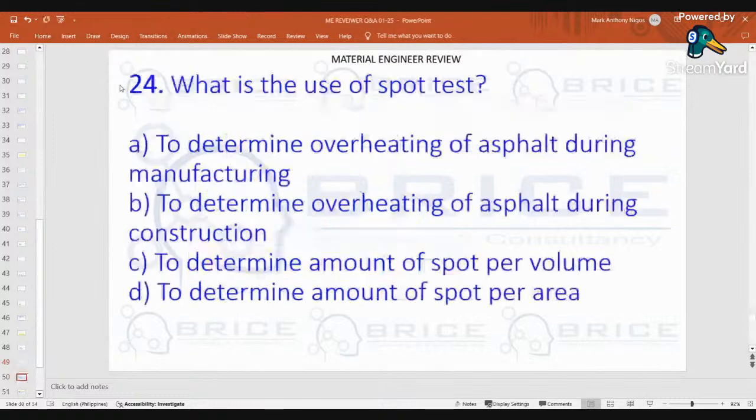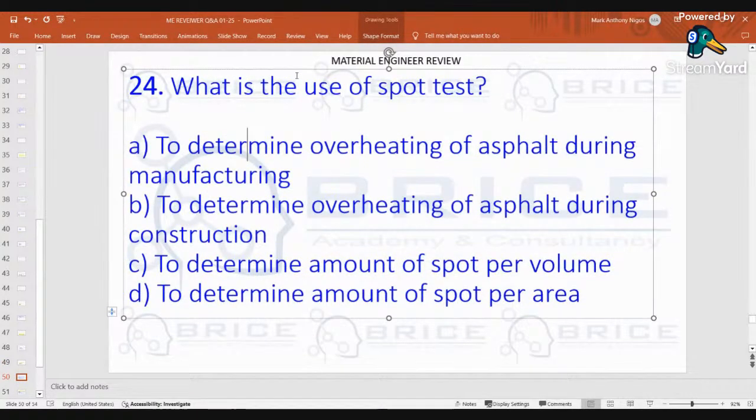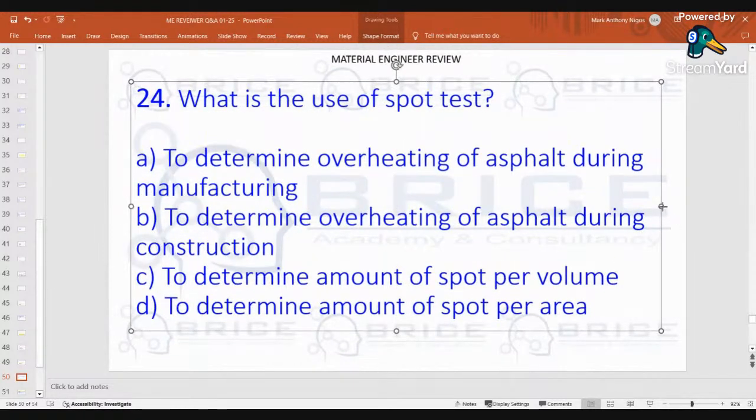24. What is the use of spot test? A. To determine overheating of asphalt during manufacturing. B. To determine overheating of asphalt during construction. C. To determine amount of spot per volume. And D. To determine amount of spot per area.